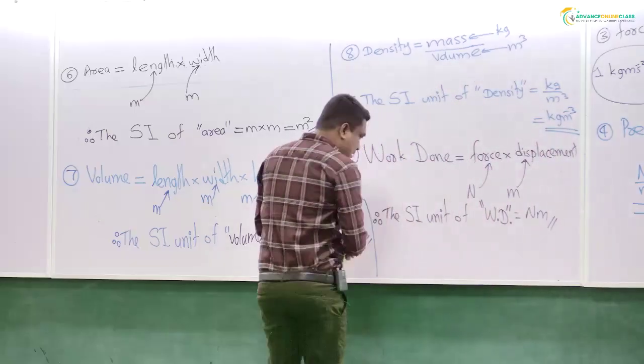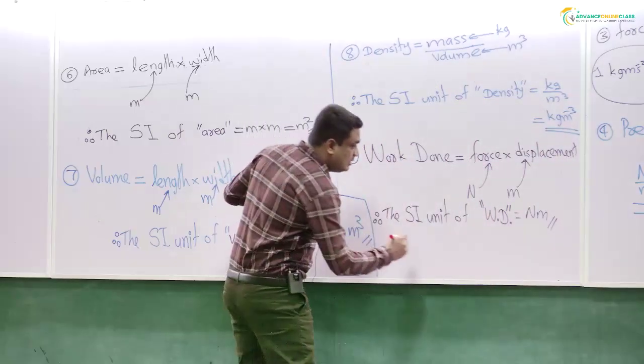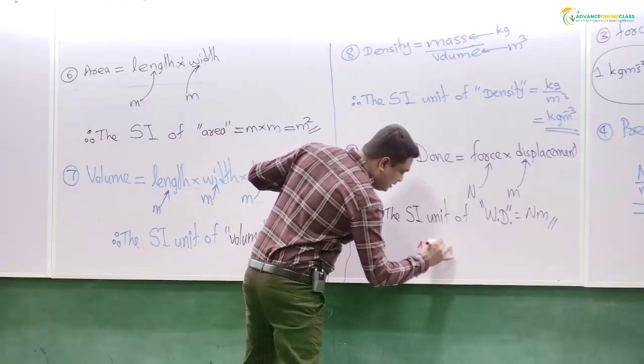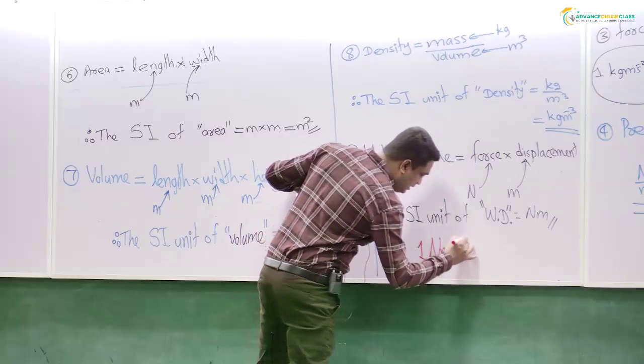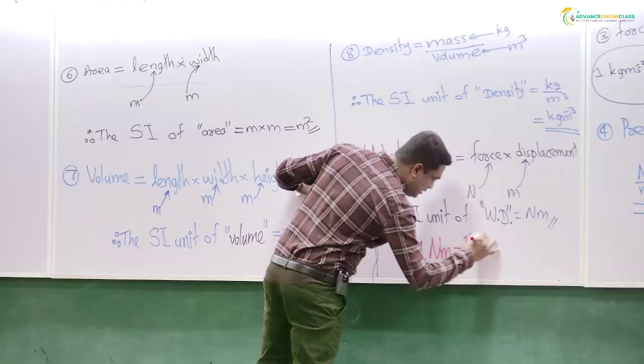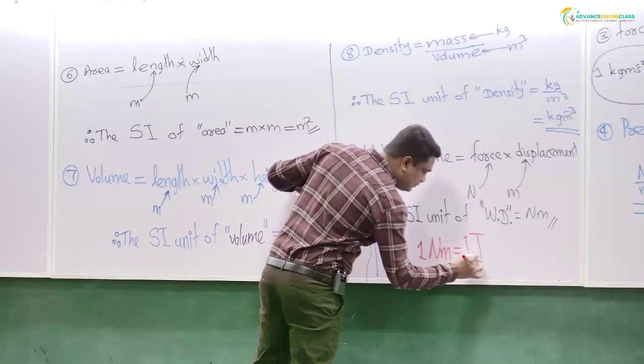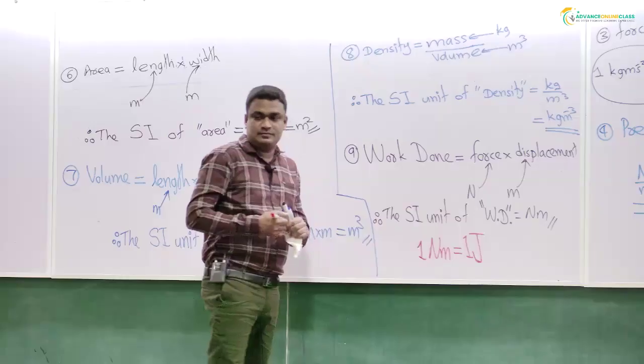Everybody please write: 1 Newton meter equals 1 joule. Got it?